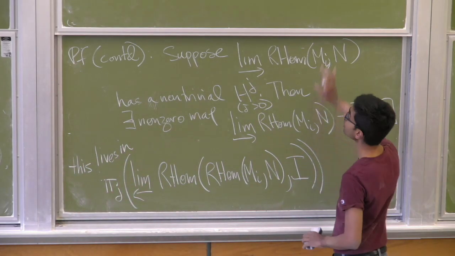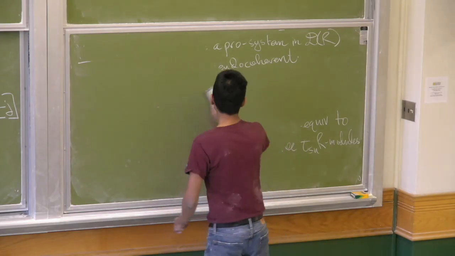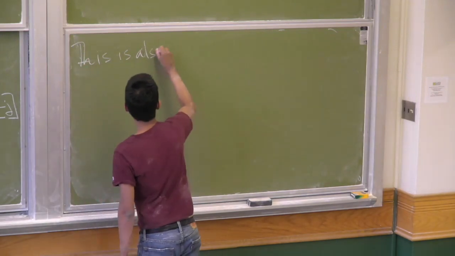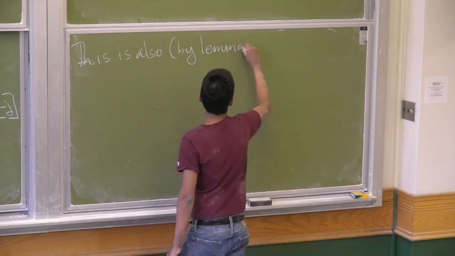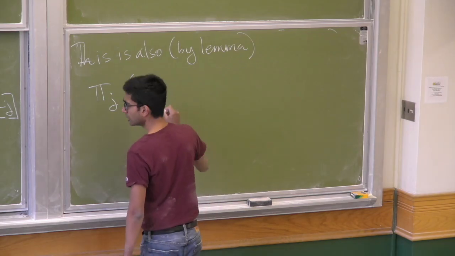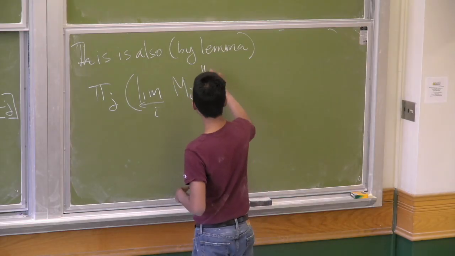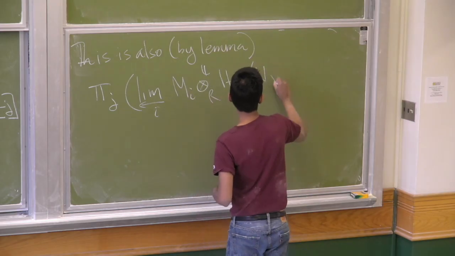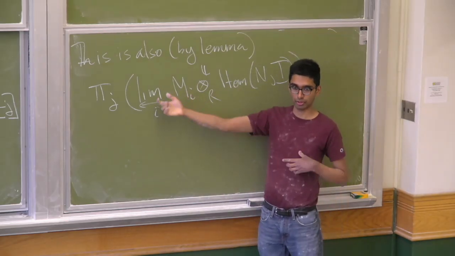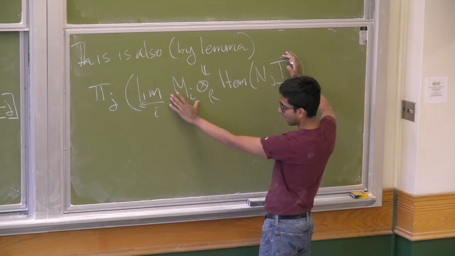Now, what we do is we use this lemma to say that this homotopy group is also, by the lemma, I j of the inverse limit over i of M sub i derived tensor over R Hom from N into I. Okay, but now the whole point of flatness is that this tower in i is pro-zero.